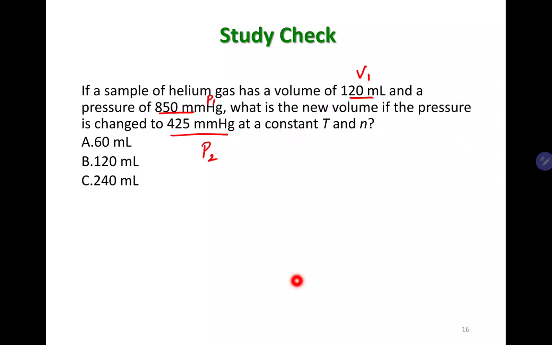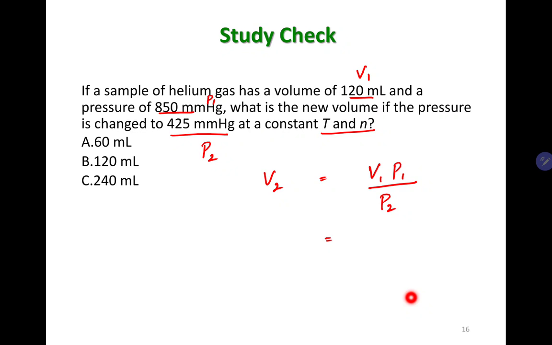So you need to rearrange this. This is Boyle's law. Why? Because T and n are constant. So you have to rewrite this equation as a function of V2, which means V1 P1 divided by P2, right? So if you solve this equation, you will get the correct answer.